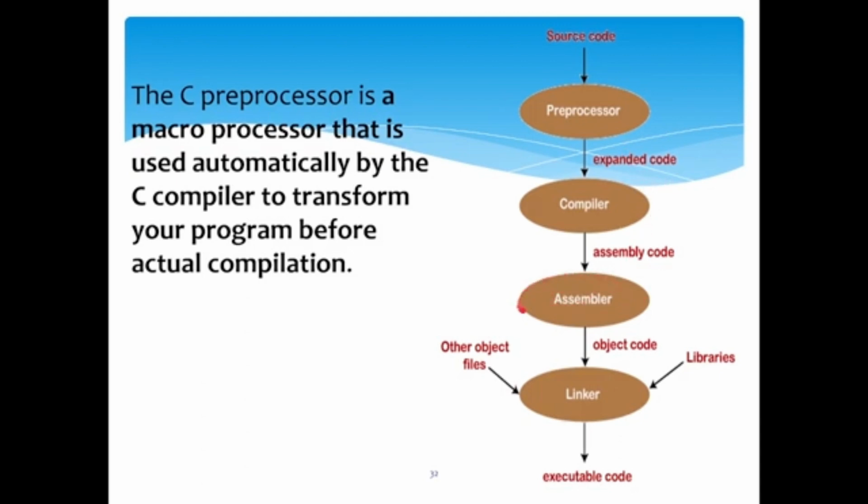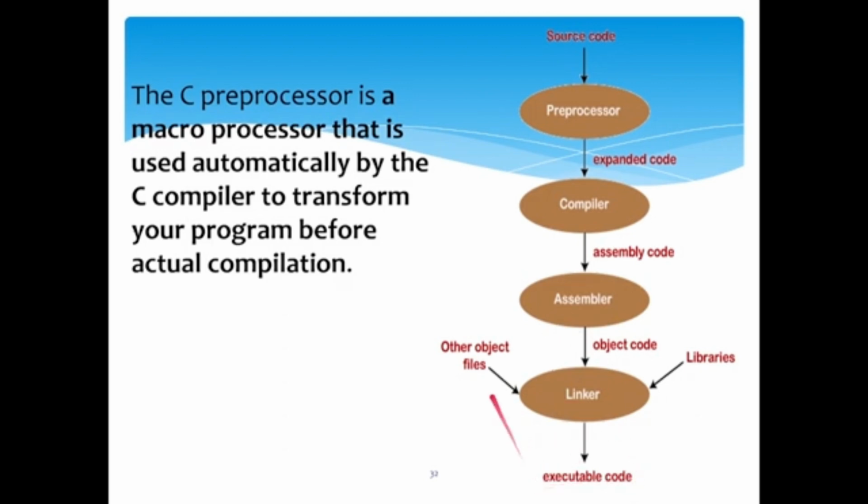As I said, assembly code contains mnemonics. It's like a pattern. And for this assembly code, there will be a linker. The linker contains libraries and other object files. Or you can say the code is now called object code. And this object code, using the linker, gets converted into executable code.